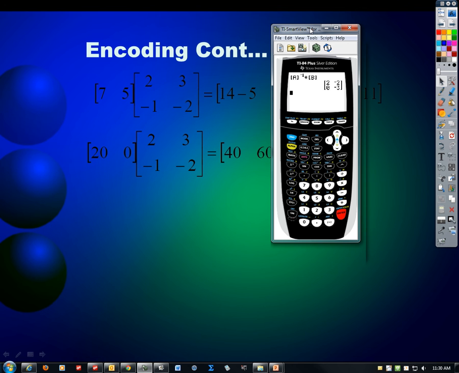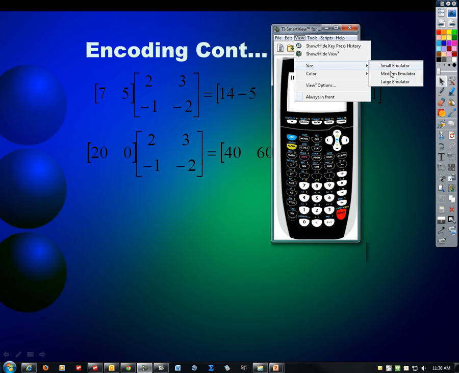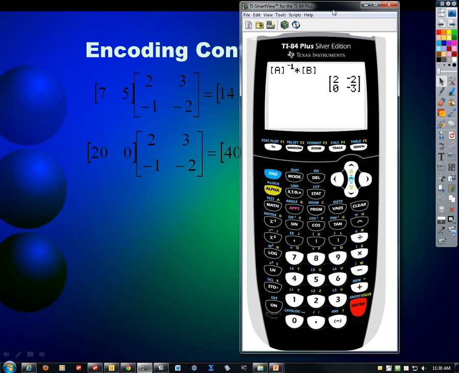I could take the second matrix, edit. Let's make this one B. Actually, I'll make it A. I think they call it A in the book, so I'll call it A. So matrix A, second matrix, edit.